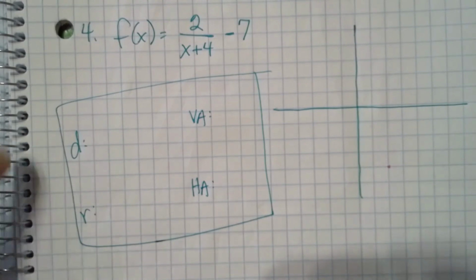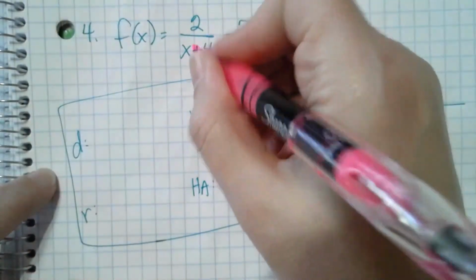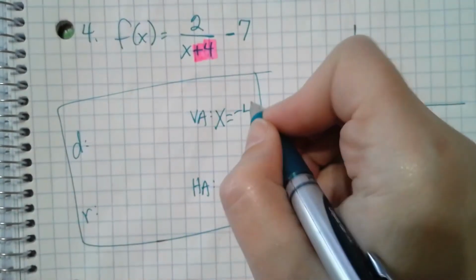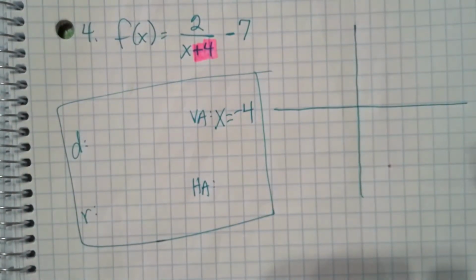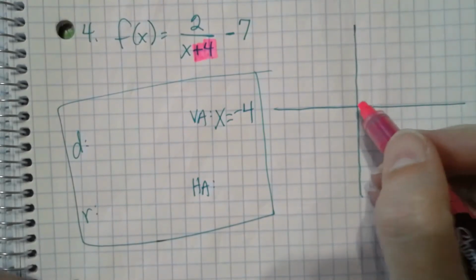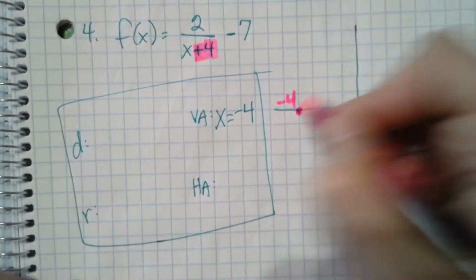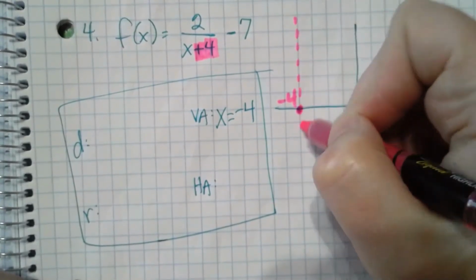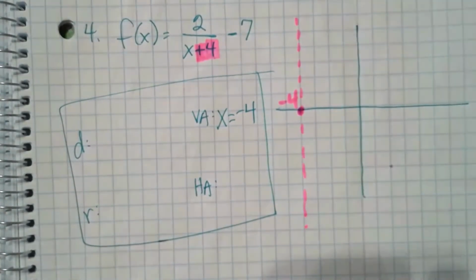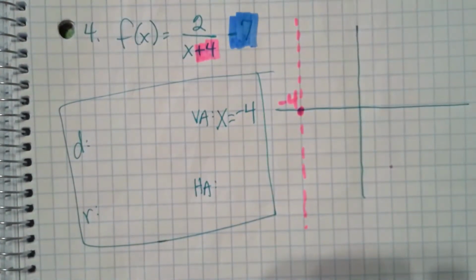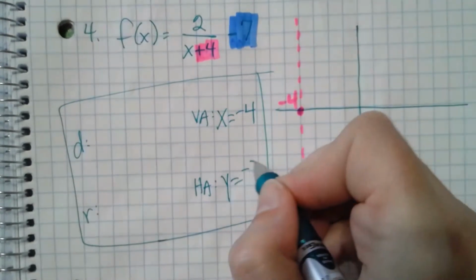All right, for the vertical asymptote, did you get x equals -4? So on our x-axis, if we go to -4, right here, this is x is -4. We're going to put a vertical dotted line through that one. And for your horizontal, did you get y equals -7?